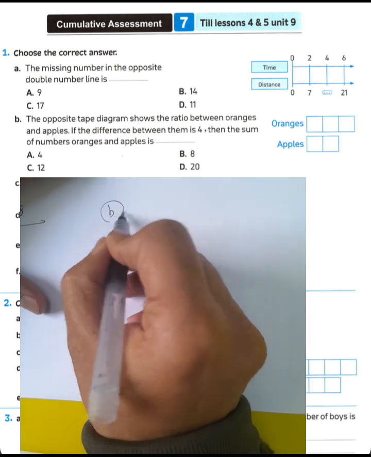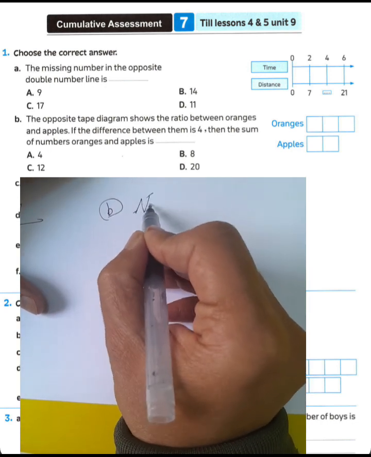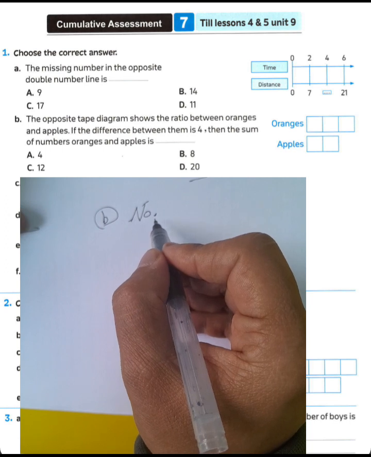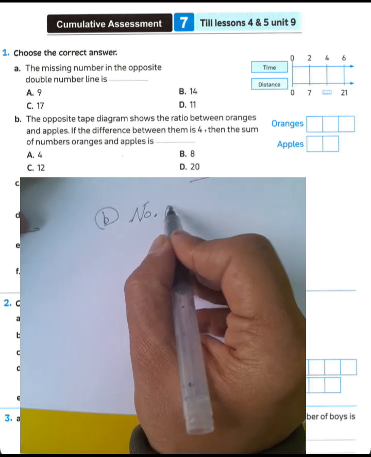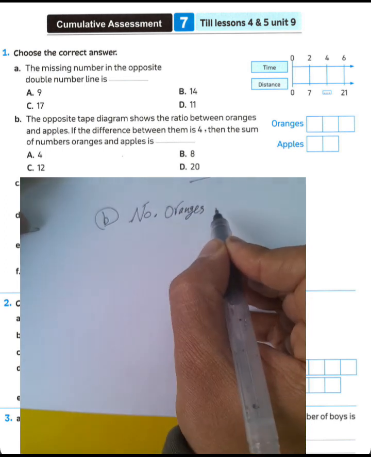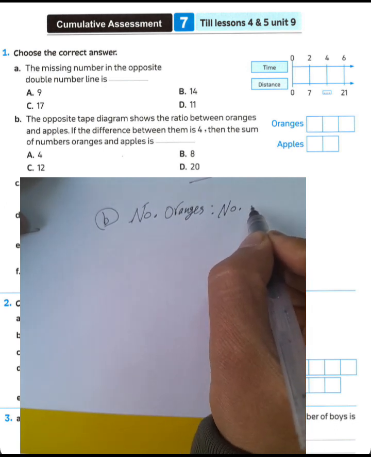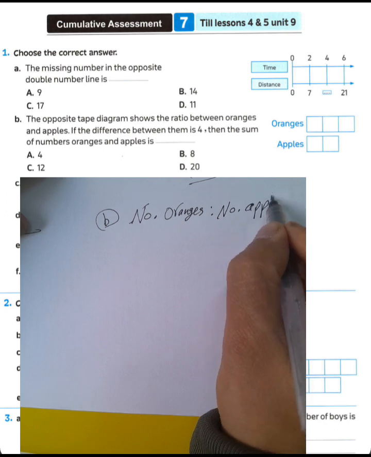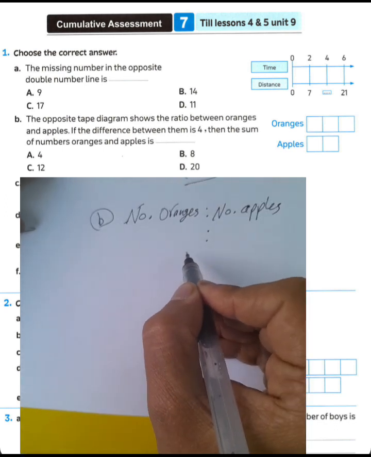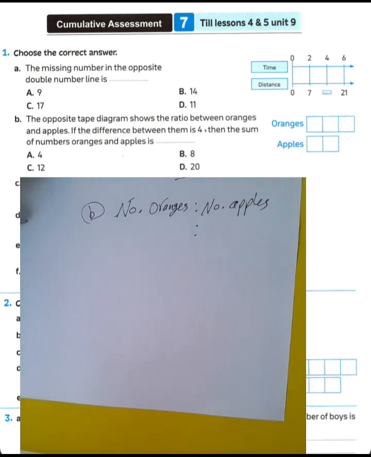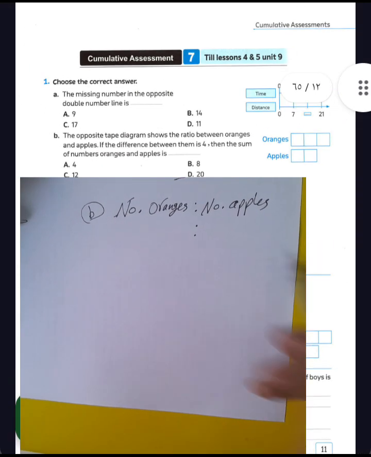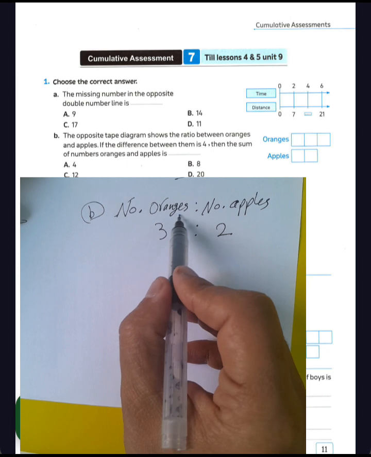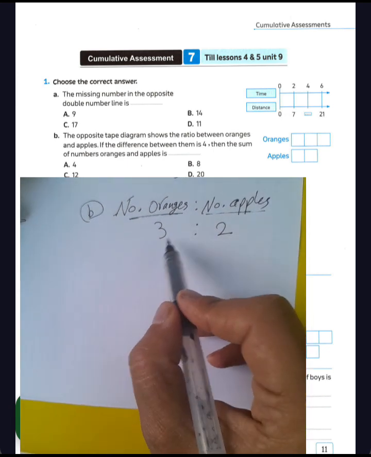He gives us in this example the number of oranges to the number of apples. The ratio between them, how many oranges do we have? Count with me: 1, 2, 3 oranges, and apples 2. Then the ratio between the number of oranges and apples will be 3 and 2.